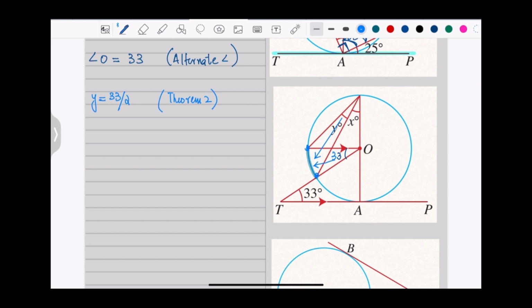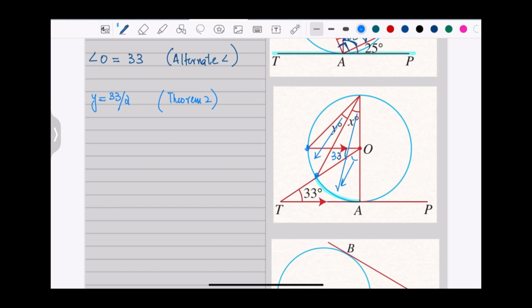Now, in order to find X, I can see that this arc here is facing this angle at the center and same X at the circumference.